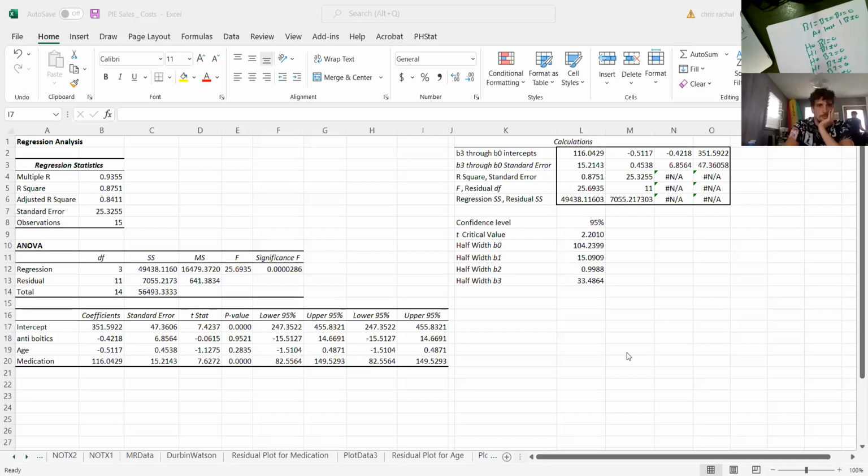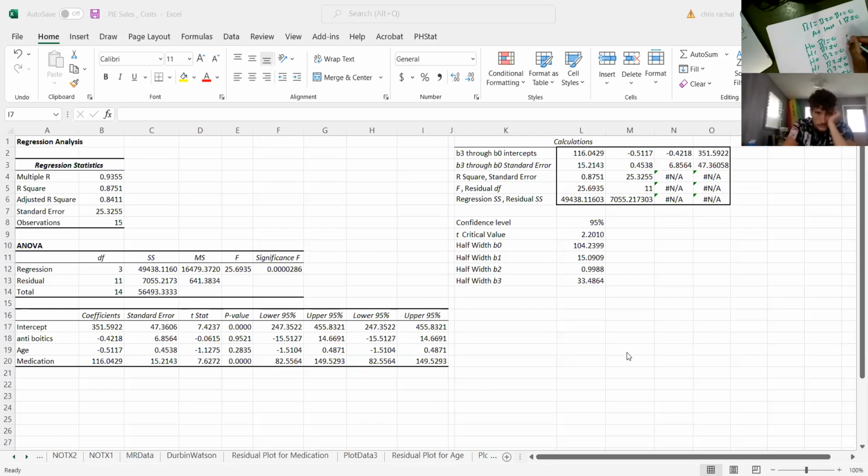So now if we go to the p-values for each one of our coefficients, that would be E17, E18, E19, E20. B0 is E17, but that's an intercept, so we don't worry about that. So if we look at E18, which is antibiotics, is that a slope?